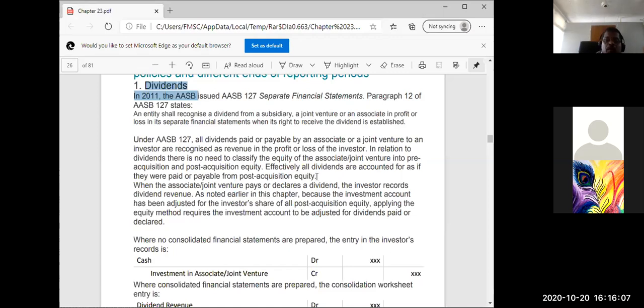You know the meaning of post-acquisition equity. When the associate or joint venture declares a dividend, the investor records dividend revenue. As noted earlier in this chapter, because the investment account has been adjusted for the investor's share of post-acquisition equity, applying the equity method requires the investment account to be adjusted for dividends paid or declared.